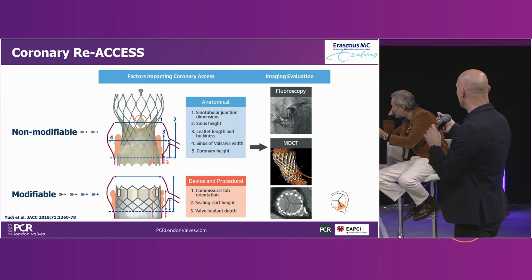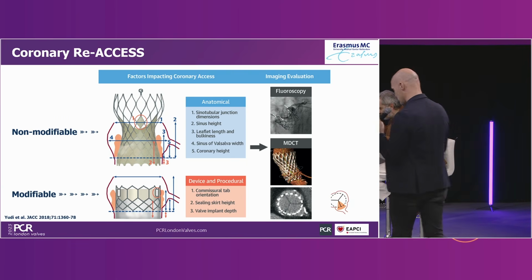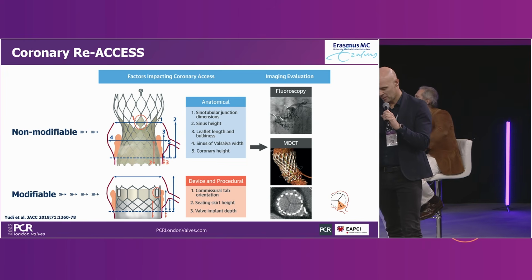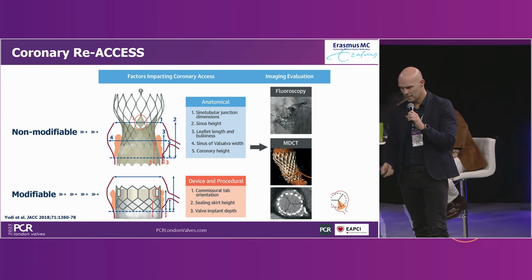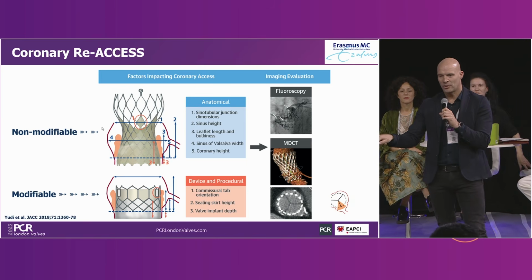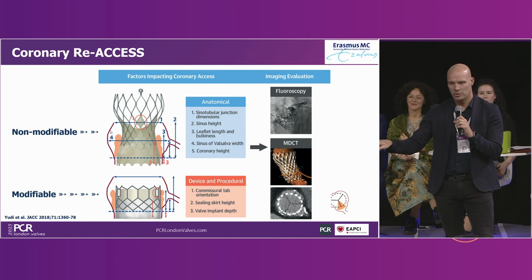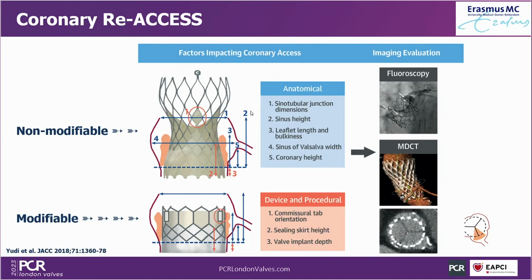And if we go from top to bottom, then I think the important parts of this anatomical reality, and if I point here, you can see it on the screen, right? Very good. So I think the first important anatomical landmark is the sinotubular junction. The smaller it gets, that will affect your valve platform selection because there is a minimum dimension of the sinotubular junction that is required for predominantly self-expanding systems.